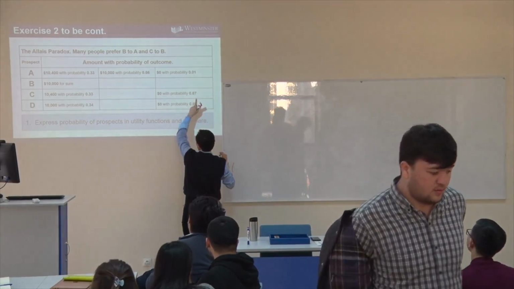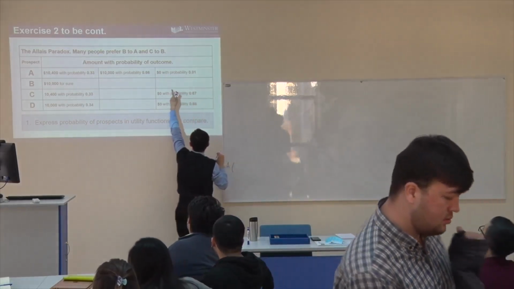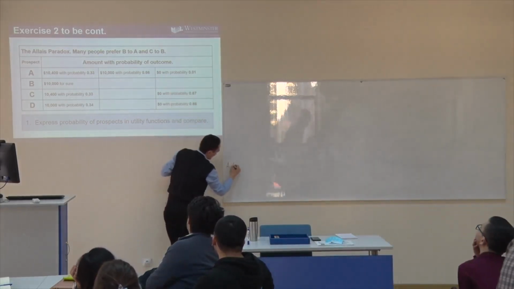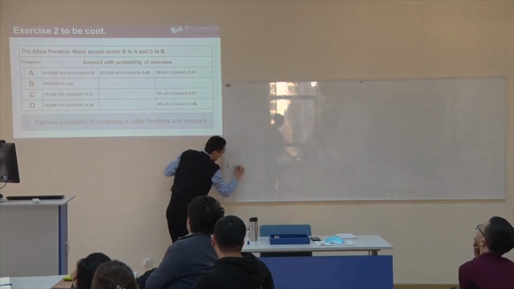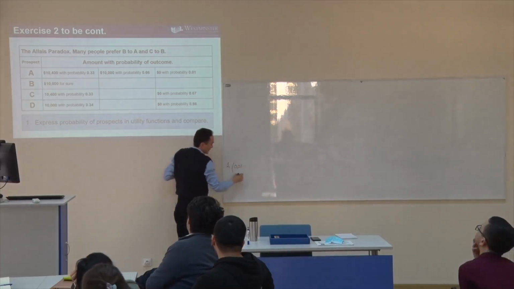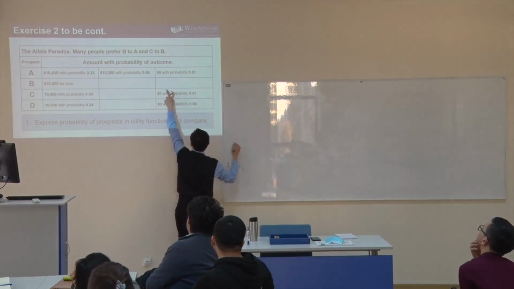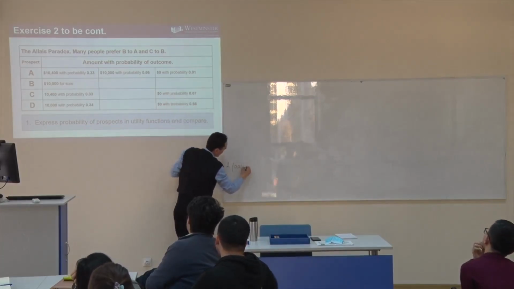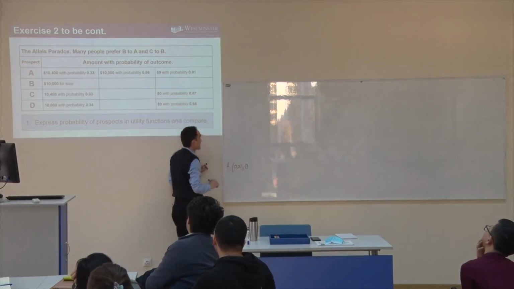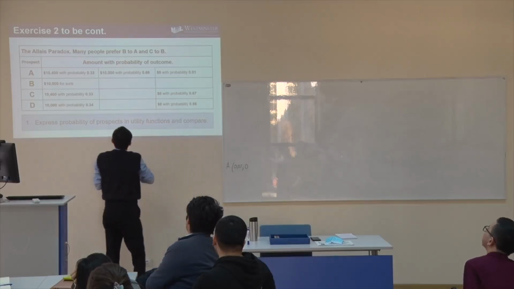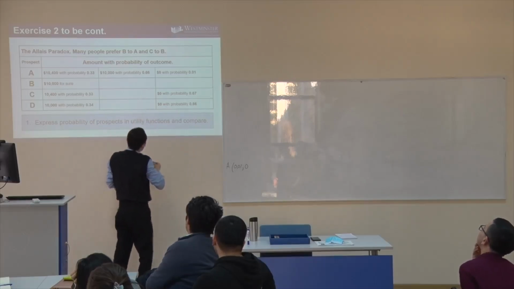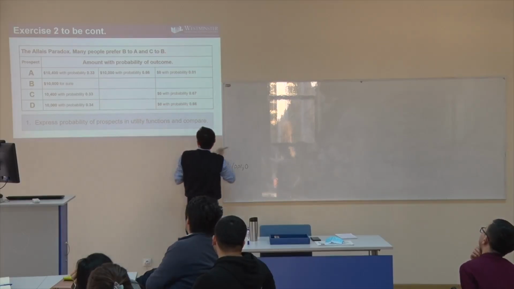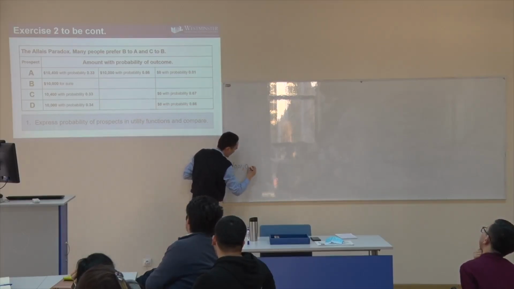What's the probability of having the payoff of $0? 1%, right? There is 1% probability that my final wealth is going to be equal to $0. Second one. There is 66% probability that my payoff is going to be $10,000.